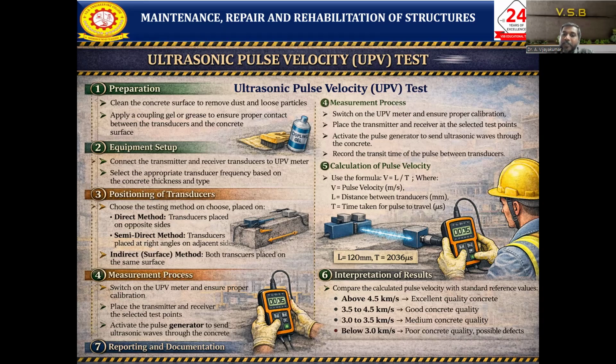So based on the velocity, we can assess the condition and quality of the structure. Likewise, with the NDT rebound hammer value we can assess the damage condition of the structure. These two methods are very important for assessing the condition of a damaged structure.